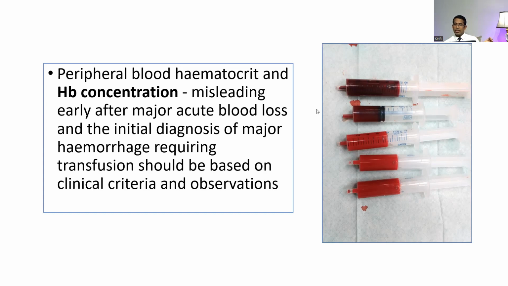Yesterday 13, today also 13. But definitely there is blood loss. What is the impact of doing a hemoglobin in an acute trauma patient? This is useless. Please make sure you don't guide the transfusion with the hemoglobin level.